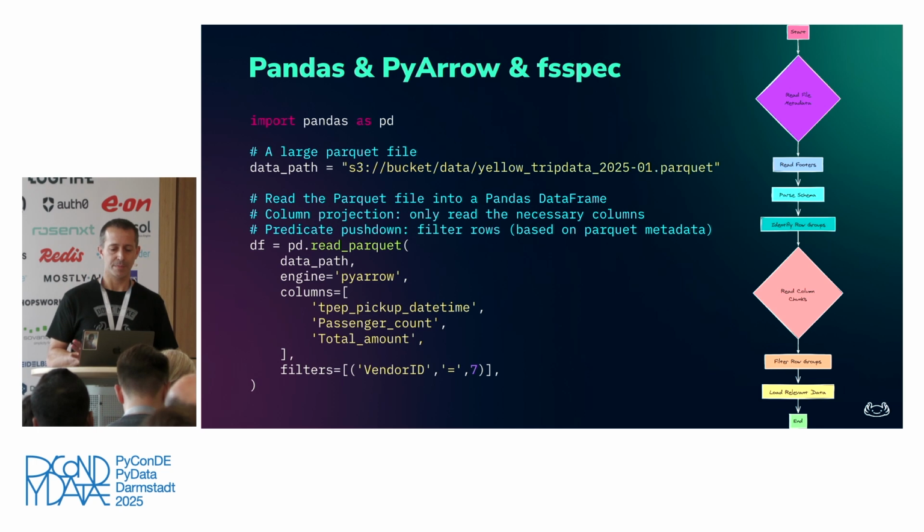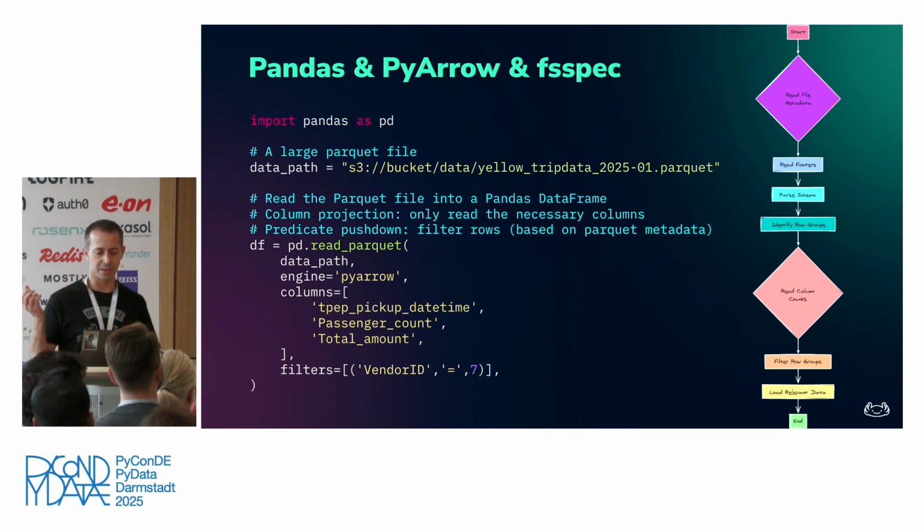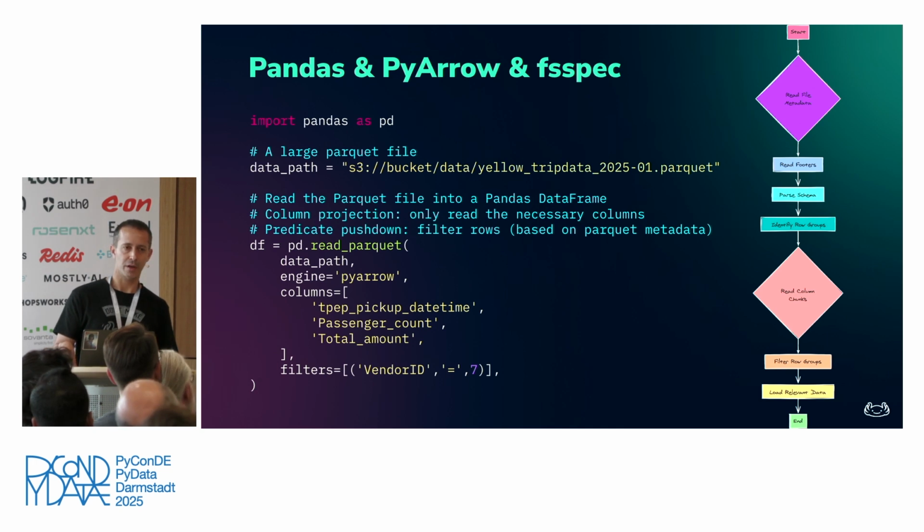This is where fsspec really shines, especially when working with Parquet. Under the hood, when you are using pandas to read a Parquet file, it uses PyArrow as the engine. If I remember, it has two engines: it can be fastparquet, and PyArrow is the second one. PyArrow can make good use of fsspec's efficient access to our storage. Here is why. When you're reading a Parquet file, at the footer of the file there is metadata.